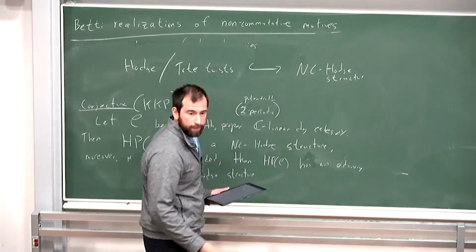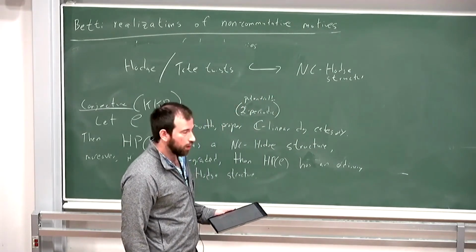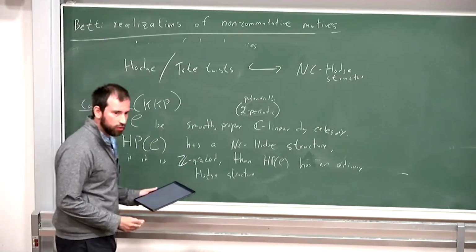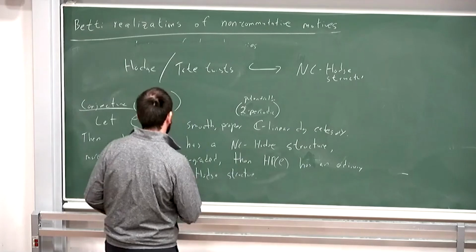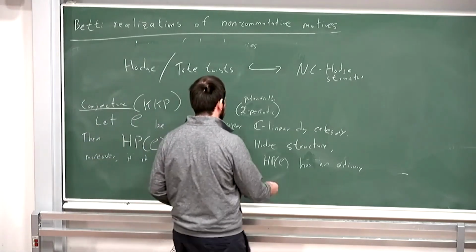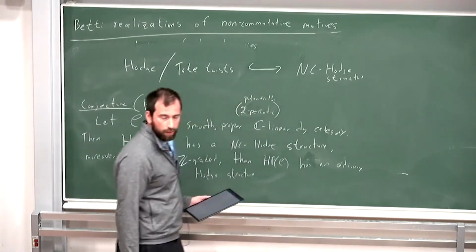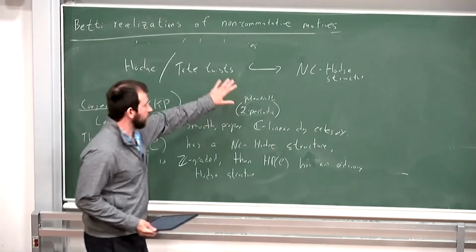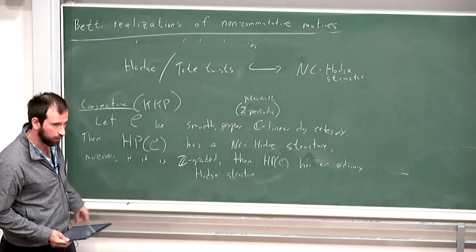I think the conjecture says it's a rational structure. So when you say it has an ordinary Hodge structure, you mean lens? Lens. Yes. Exactly.